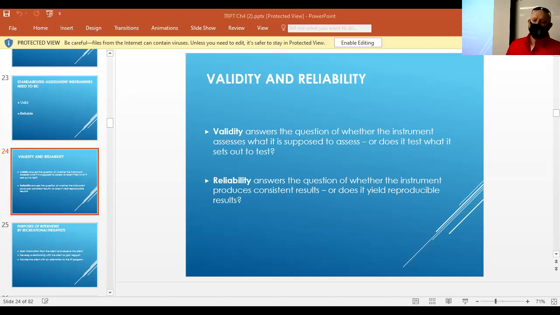Progress notes, information shared by members of the interdisciplinary team. So who all's on the interdisciplinary team? Just start spitting some out. Physical therapist. Psychologist. Doctors.